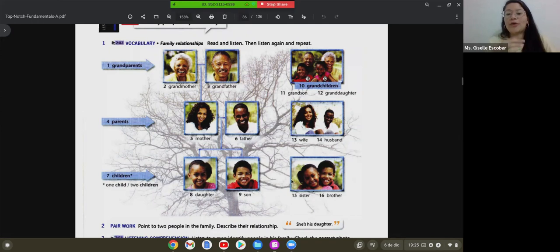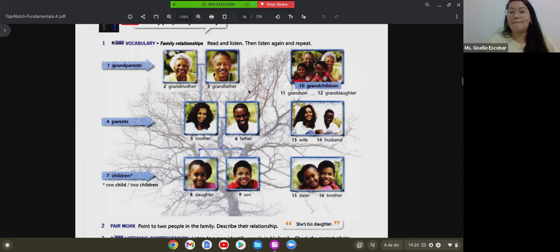Otro ejemplo que podría ser también, she is his daughter. Number 5 and number 3. Number 5, ella, la mamá en este caso de la familia, ella es su hija, es la hija del número 3.